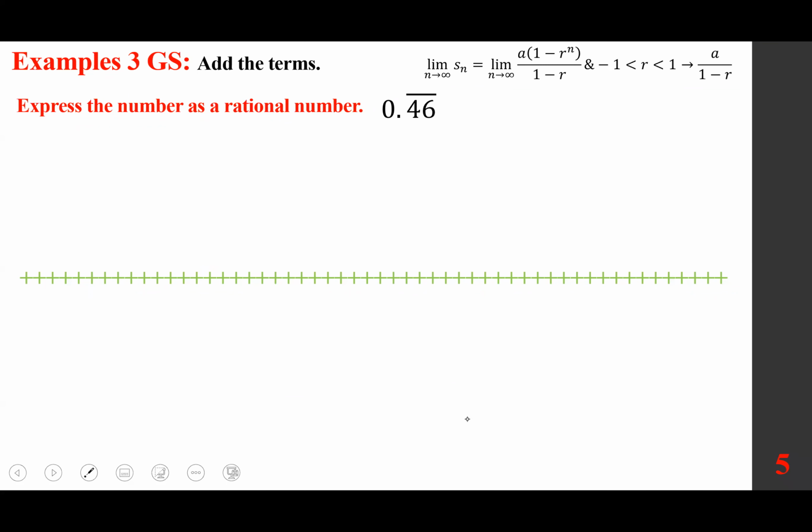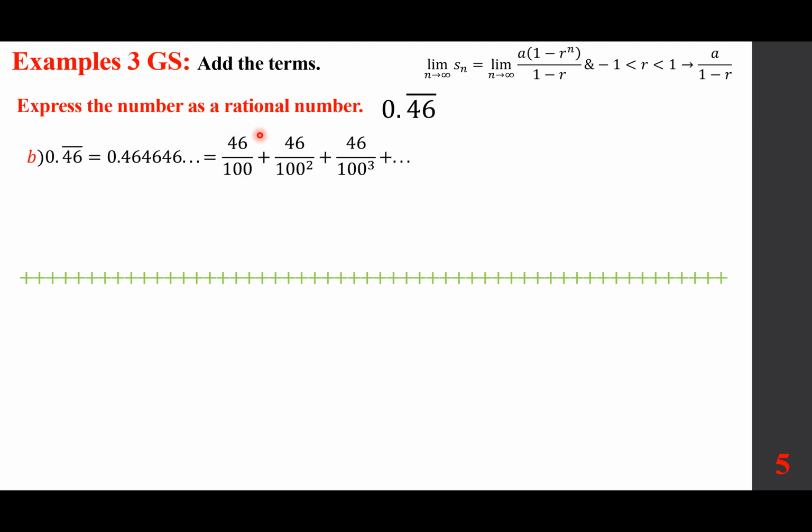I want to look at a question which is similar to that, but sometimes I've seen students having difficulty with that. So to recap this, I hope you remember this is a repeating decimal. And again, there are different ways of getting to the rational expression for that rational number, but this is one way using the geometric sequence, noticing the first term is 46 over 100 or 0.46.